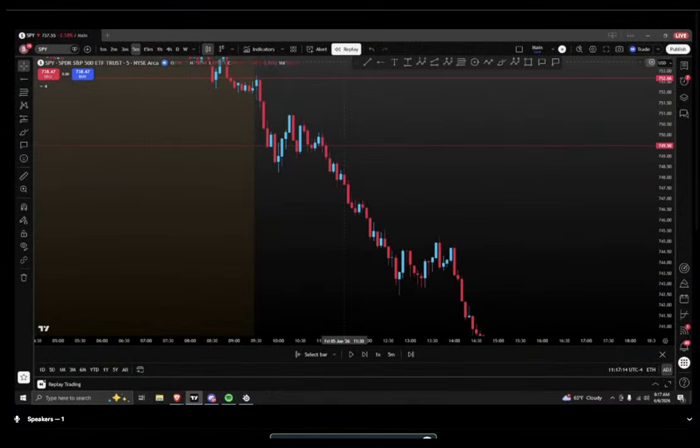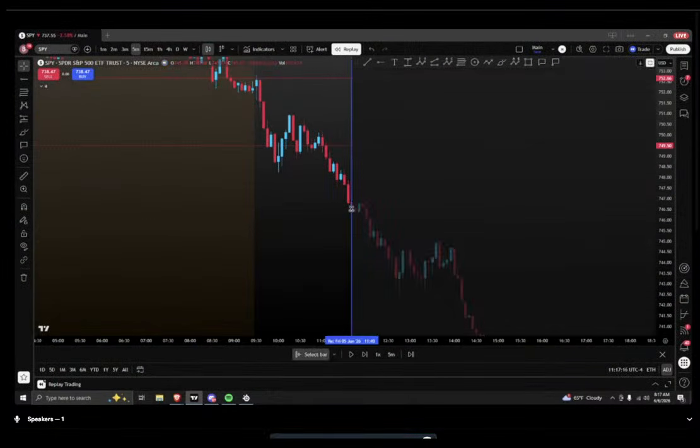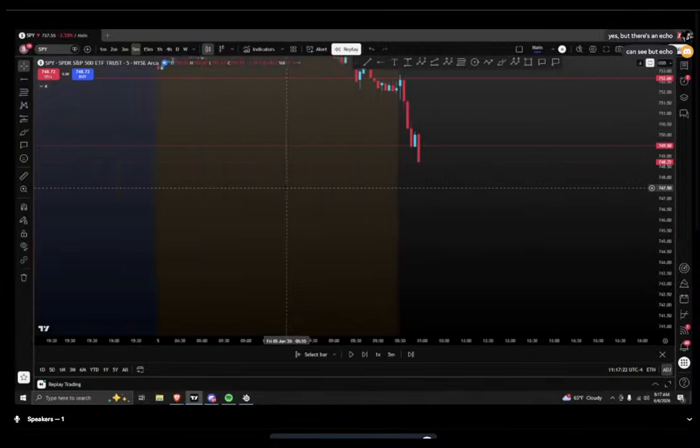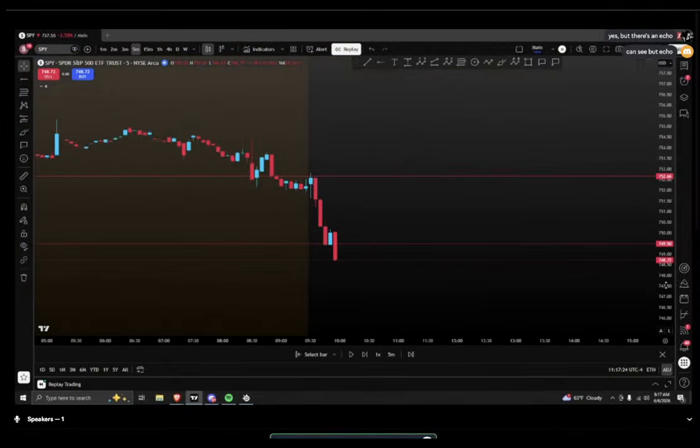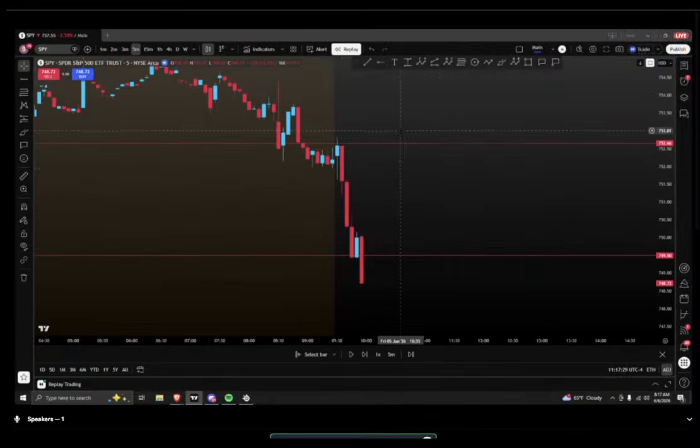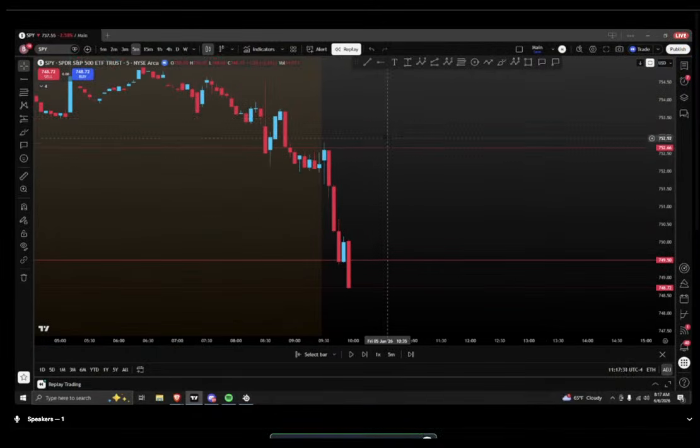We'll even go replay right here. 10 a.m. Can you guys see the trade view? Just wanted to make sure we're smooth sailing over here.